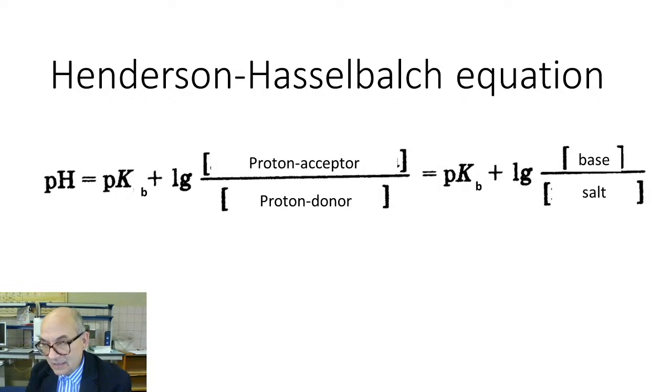In this case, the ratio under the logarithm differs, and in this case we will have different values of the pH. And the second variety is dilution.